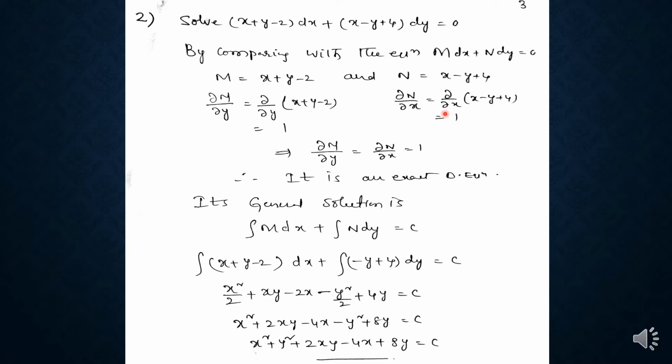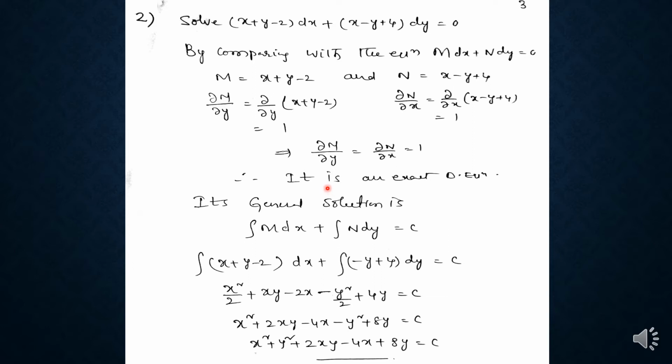Here y will be treated as constant, so ∂/∂x of x is 1, minus ∂/∂x of y is 0 because y is constant, plus ∂/∂x of 4 is 0. So we will get ∂N/∂x is equal to 1. So here ∂M/∂y is equal to ∂N/∂x is equal to 1. These two partial derivatives are equal. So we can say that it is an exact differential equation.